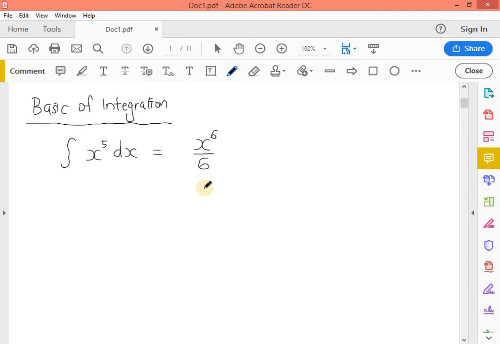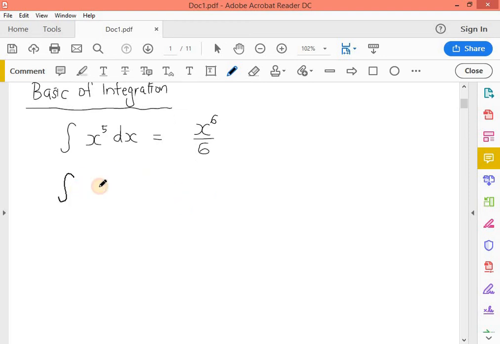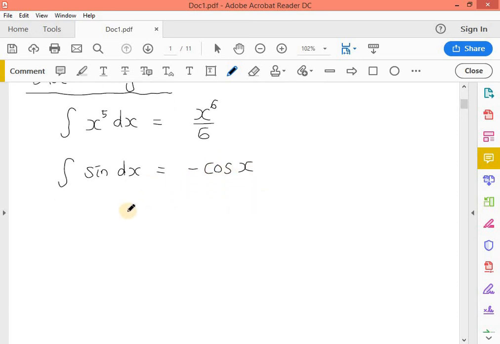Okay, after that, what will happen if it is sine dx? You will get cos, right? Yes, negative cos x. Different a bit compared to the differentiation. And for cos, you will get positive sine x.